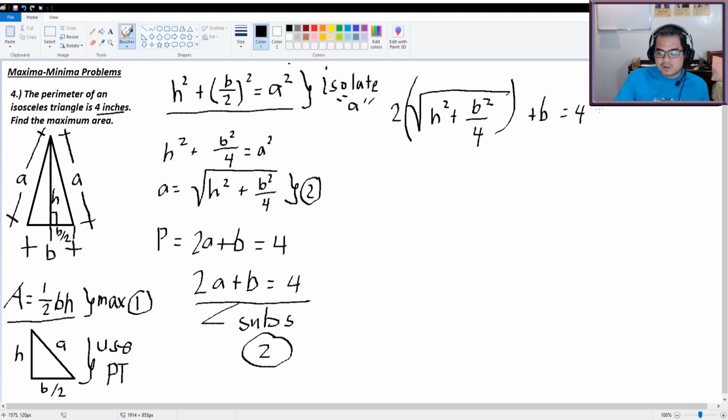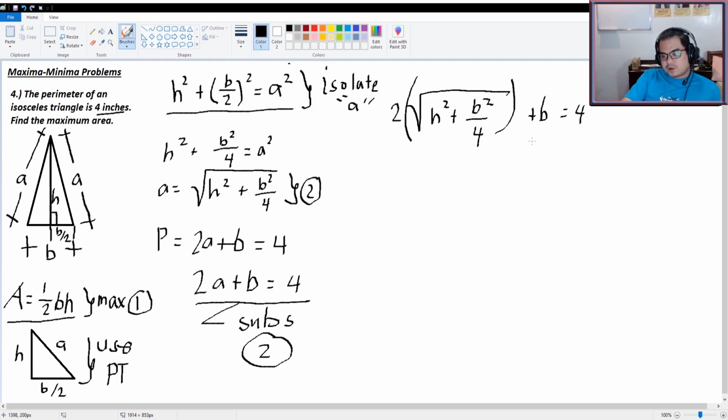But let's just see which one is easier to isolate. First, the goal here, if you are encountering a square root, is you must be able to square the square root, because if you are able to square it, the square root will be cancelled.